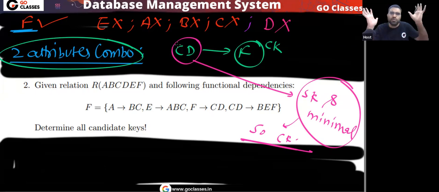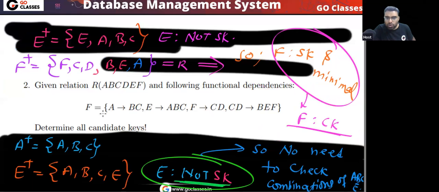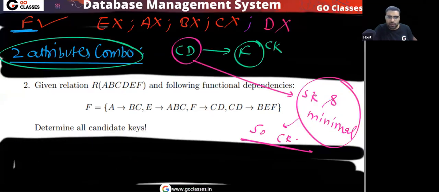Yes or no? Many we have to check. But you don't have to do that. Why? Because I told you that E is not a super key. So there is no need to check combinations of A, B, C, E. Understood?